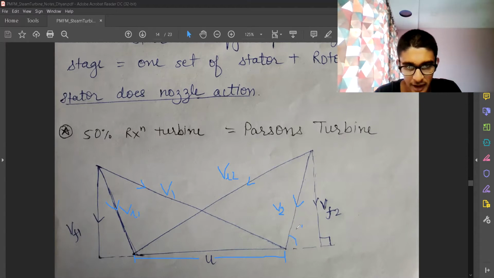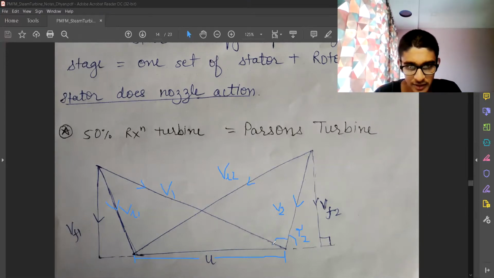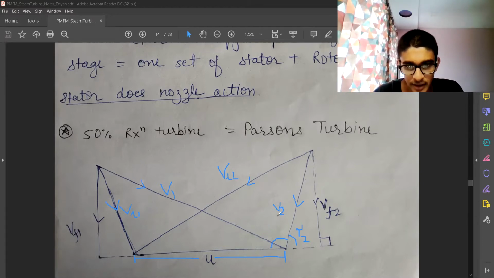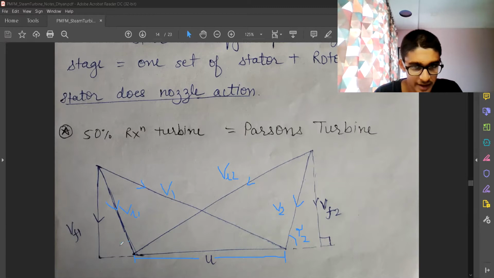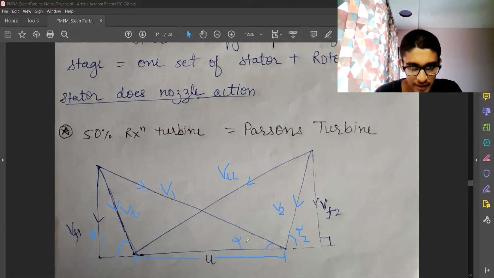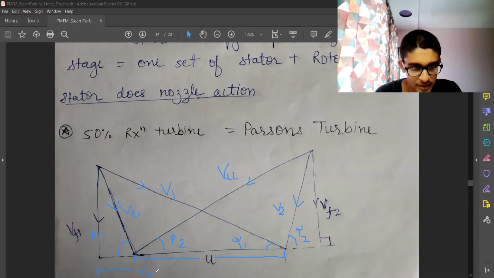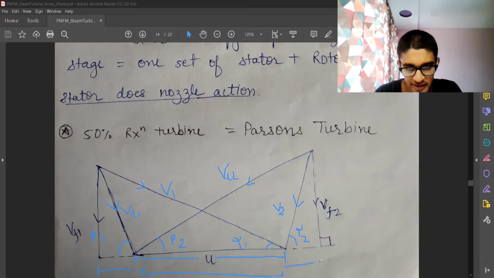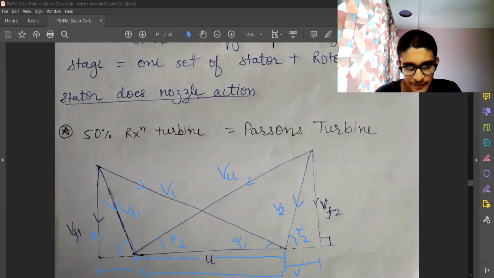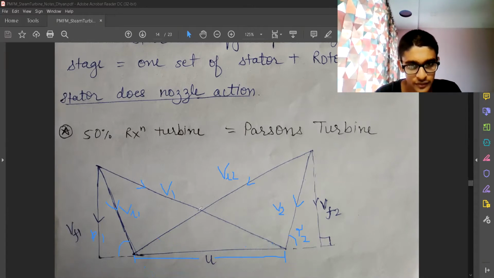And accordingly, this will be beta 1. This will be alpha 1. And this will be beta 2. That's all we have. And this will be VW1, and this is VW2.